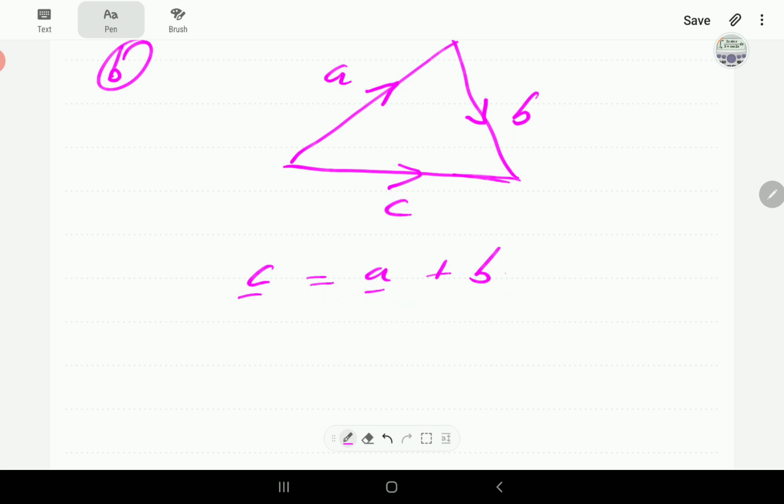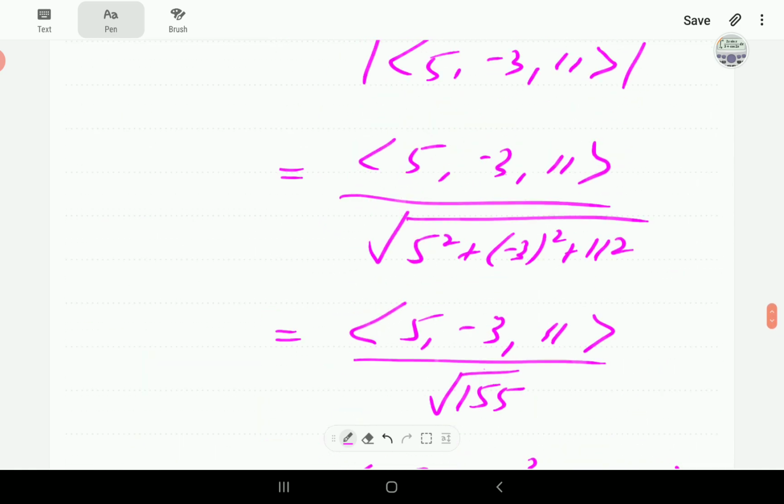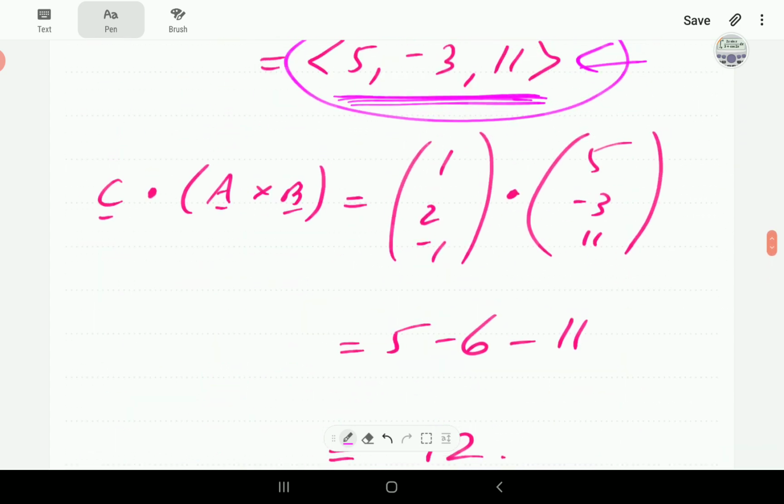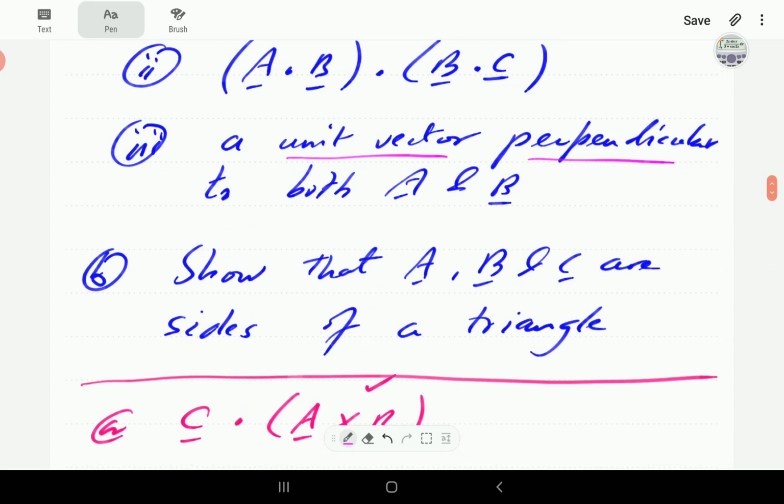If we can show that the sum of 2 of them is equal to the third one, then we have shown that they form the sides of a triangle.